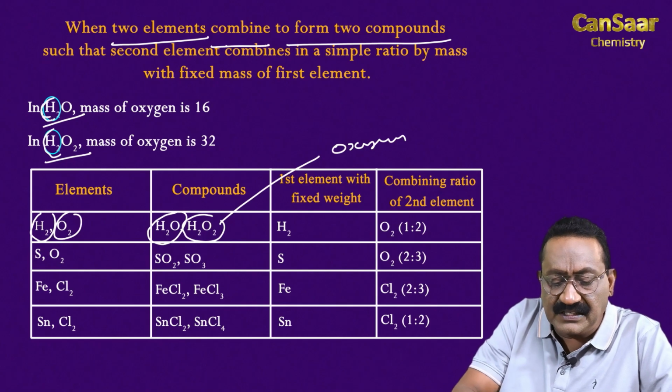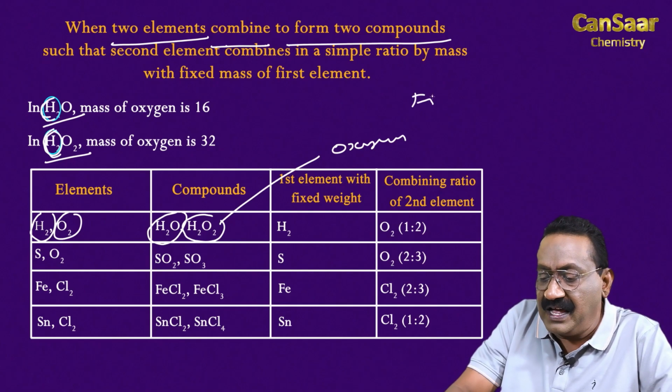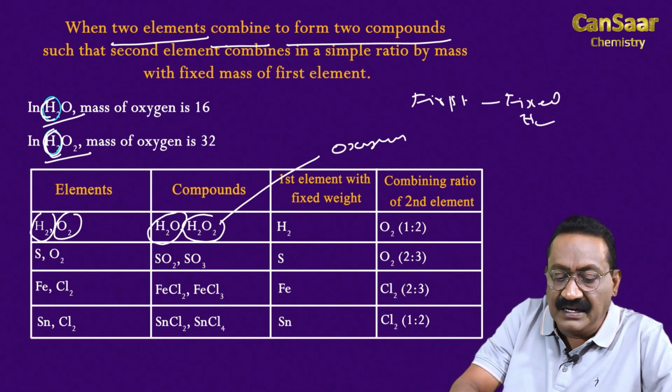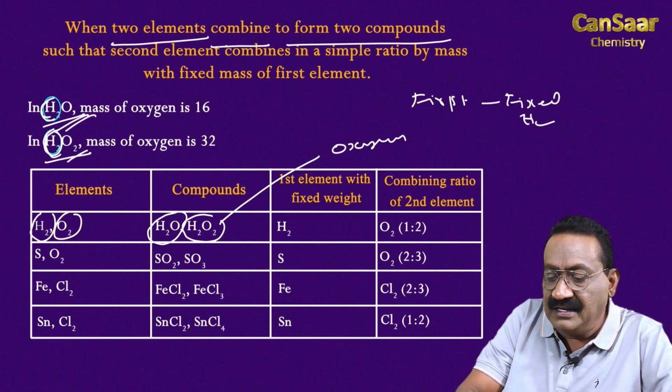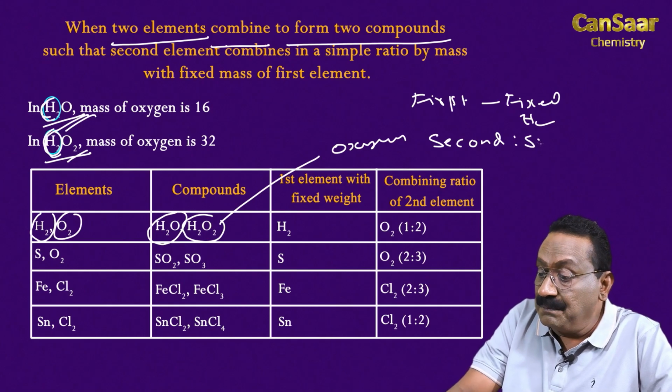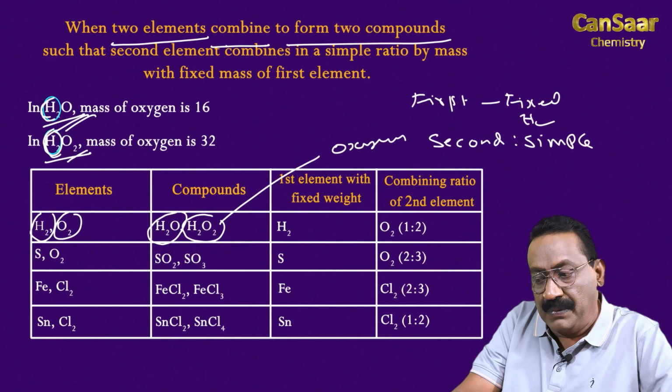Here the first element hydrogen, its mass is fixed, F for first, F for fixed mass, that is hydrogen, and the second element oxygen, S for second, combines in a simple ratio by mass.